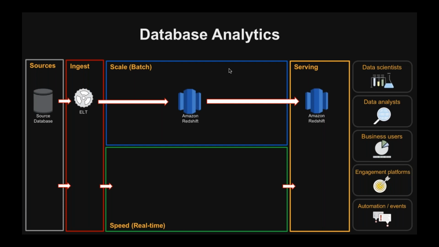The advantage of the ELT approach is that you're taking advantage of the power of the Redshift cluster. As I said before, it's got a lot of processing power in there, especially for customers who are bumping up against that batch window issue. Often I talk to customers who are having issues where they're essentially running out at night time because the amount of data that they're having to process overnight is getting bigger and bigger, and they have an SLA where they want to allow their users to start accessing the data as soon as they come in the morning, but that batch process is taking longer and longer.